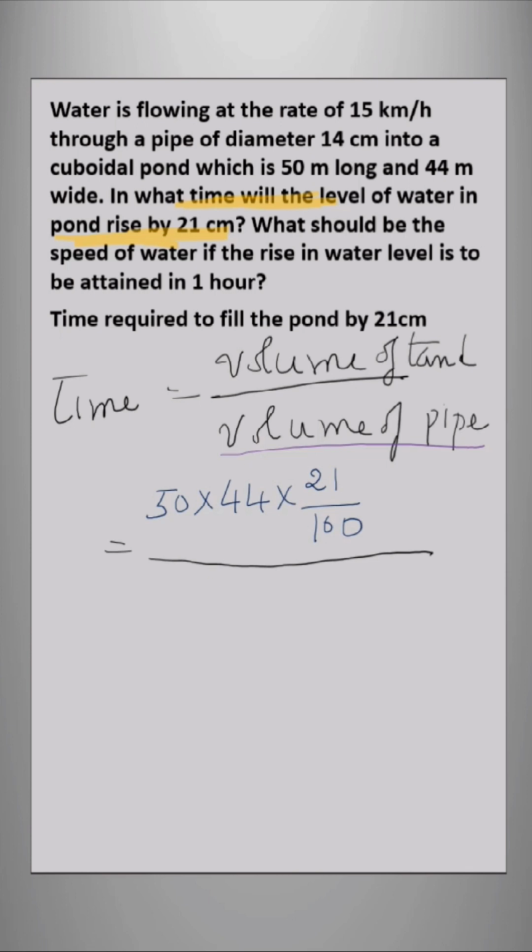What is it? Pi, 22 by 7, we have already found out, into 7 by 100 whole square into h, which is 15,000.